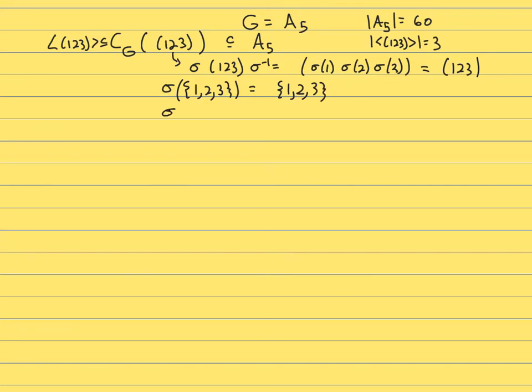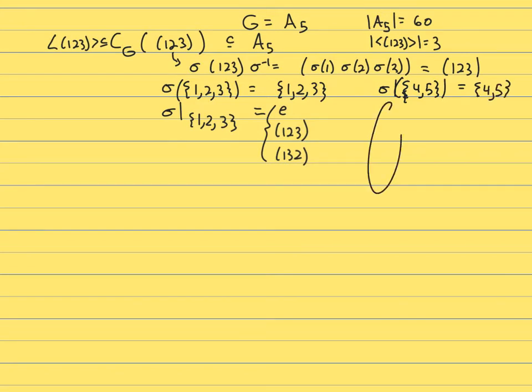And so when you take this restriction to the set {1, 2, 3}, we're going to end up with either the identity map, the cycle (1 2 3), or the cycle (1 3 2). We see immediately each of these is even, and so it's not too hard to see that sigma restricted to {4, 5} has to fix {4, 5} as a set as well.